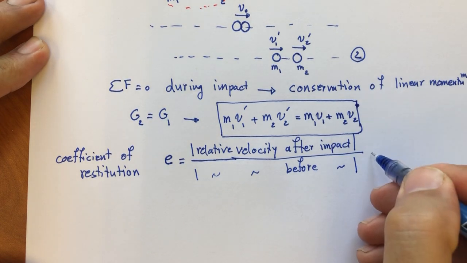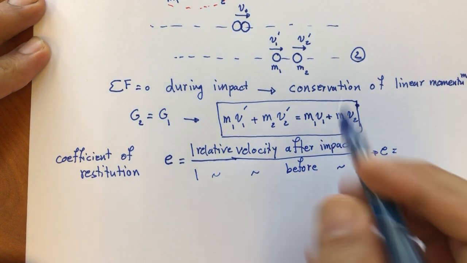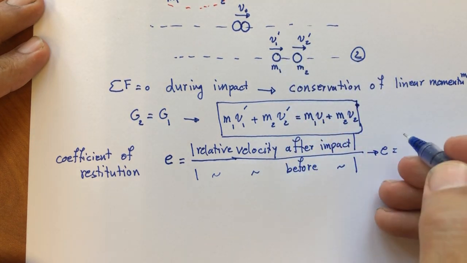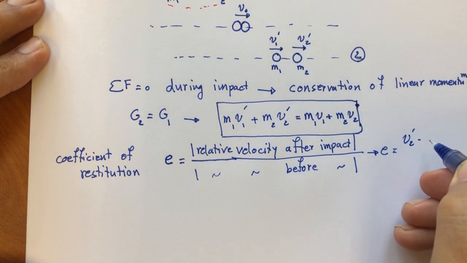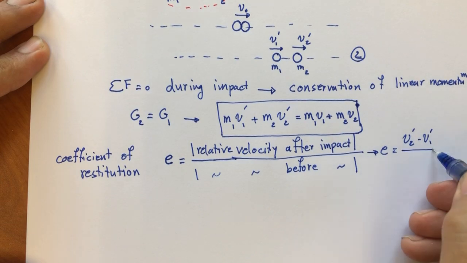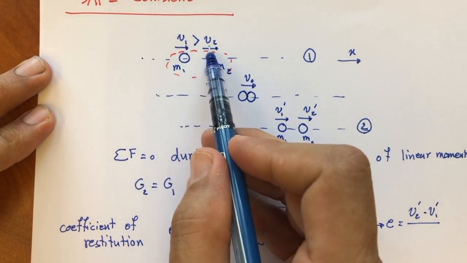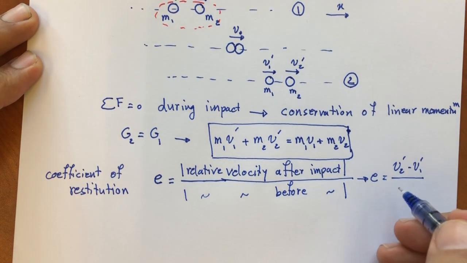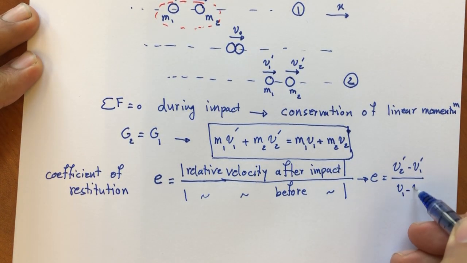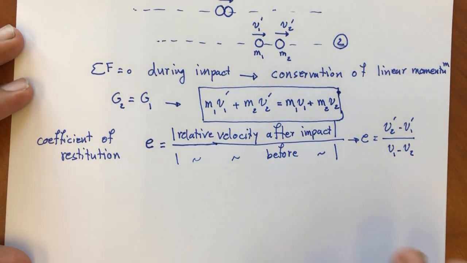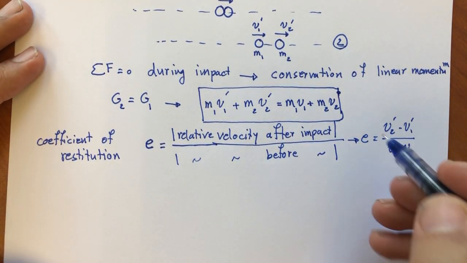So E is going to be equal to the relative velocity after impact, which is v2 prime minus v1 prime, divided by the relative velocity before impact, which is going to be v1 minus v2. And the coefficient of restitution depends on the material property of these two pieces.